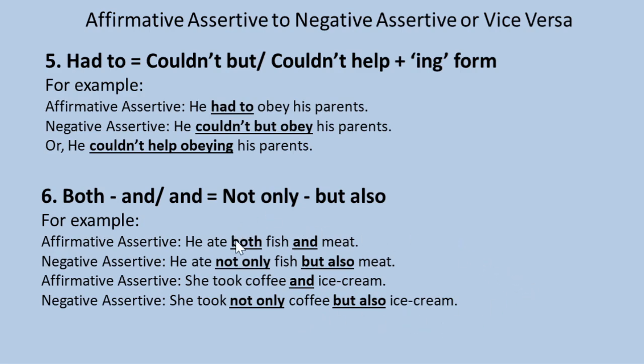So a correlative conjunction always follows the same parts of speech. Here both follows fish, a noun, and follows meat, a noun. Not only follows here fish, a noun, but also follows meat, a noun.